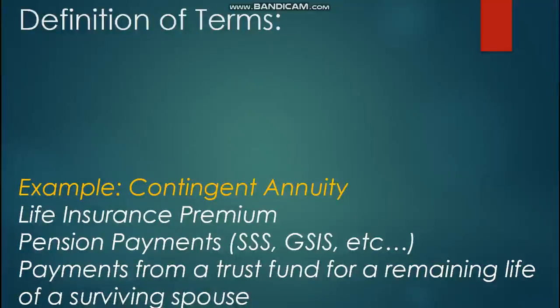So, depende kung kailan, sabihin ko na yung word, mamatay yung pensioner. Yun na magde-determine kung i-end na yung kanyang annuity. Tatawagin natin siyang contingent annuity kasi indefinite yung end ng ating payment dun sa ating mga pensioners. Ganun din sa life insurance at ganun din dun sa trust fund na binabayad dun sa surviving spouse. Kasi habang buhay yung surviving spouse, diretso pa rin yung pagbibigay ng monthly payments. Yun ay contingent annuity.